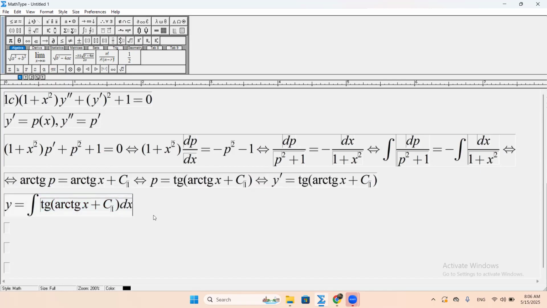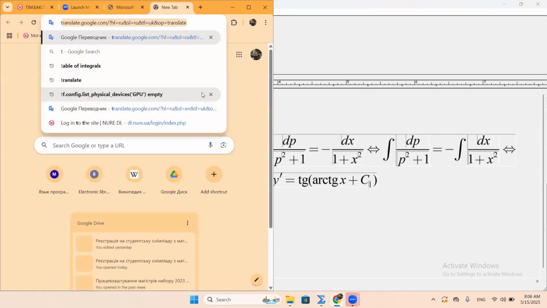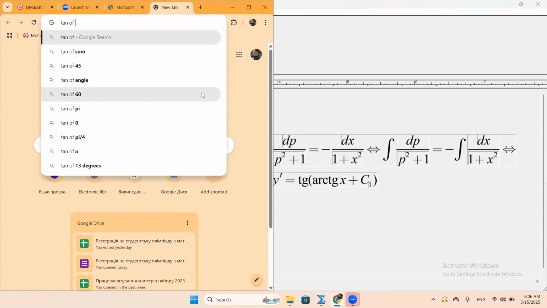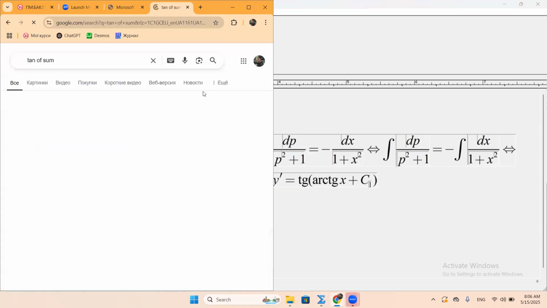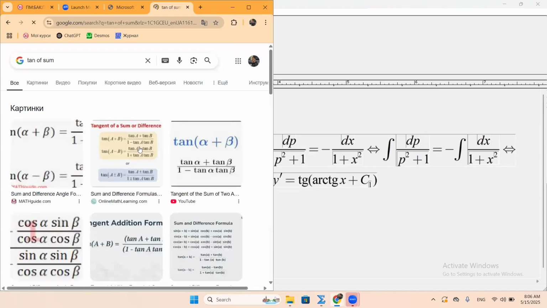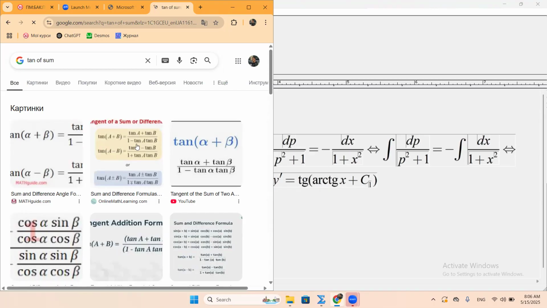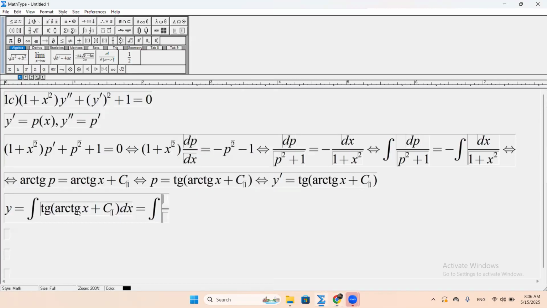Not really convenient for integration, but we will transform this expression using the formula of the tangent of a sum. I don't really remember the formula, but it will come back: tangent A plus tangent B over 1 minus the product. So let us use this formula.